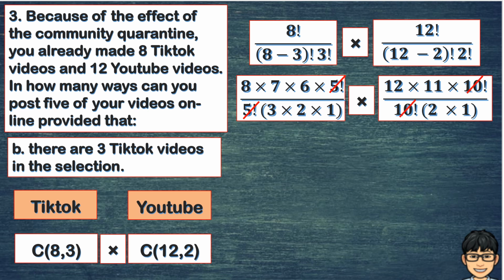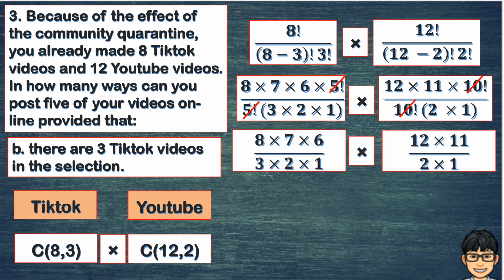So dito, cancel na rin natin sa 10 factorial. From the remaining, now since 3 times 2 is equal to 6, so ika-cancel na rin natin sila. And since 12 can be divided by 2, the answer is 6.